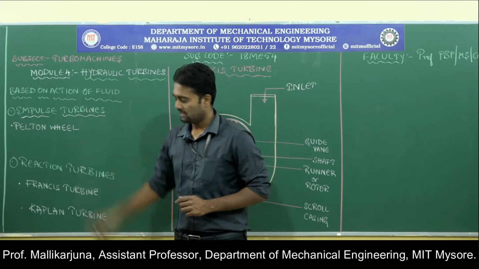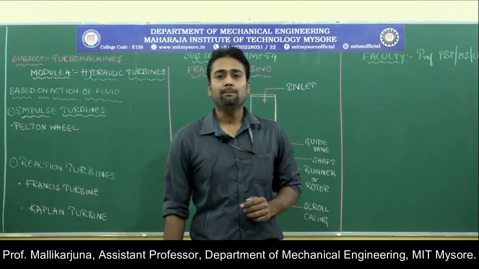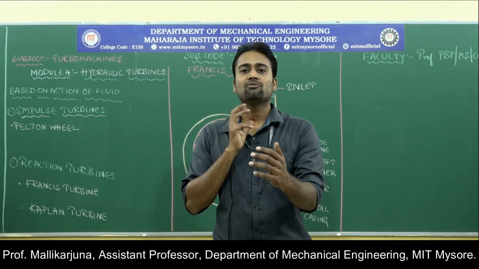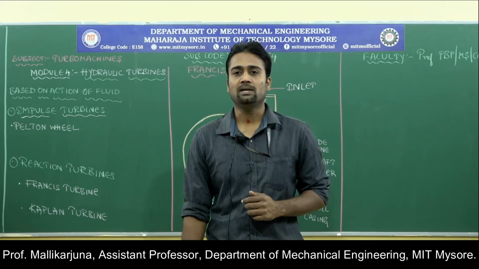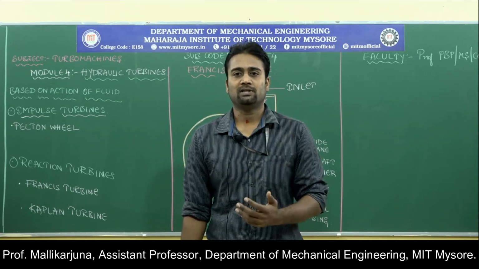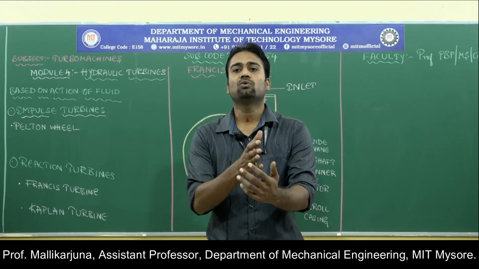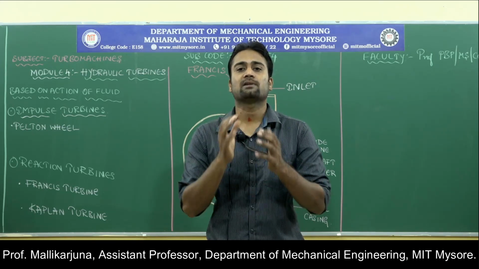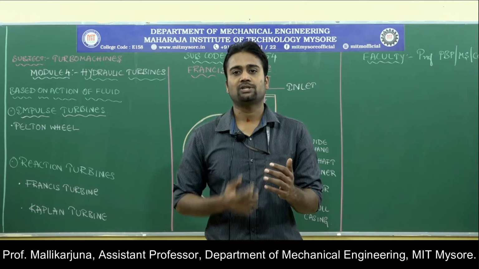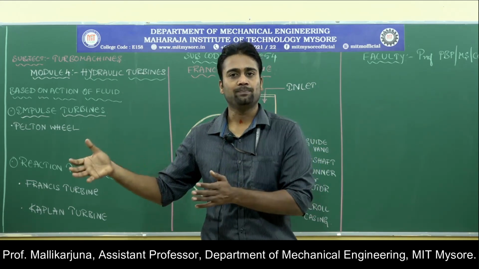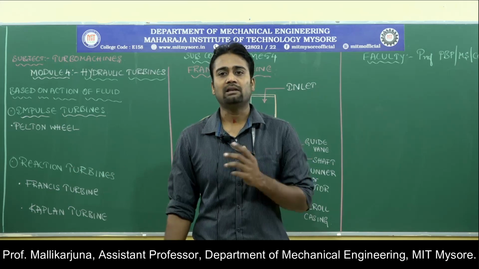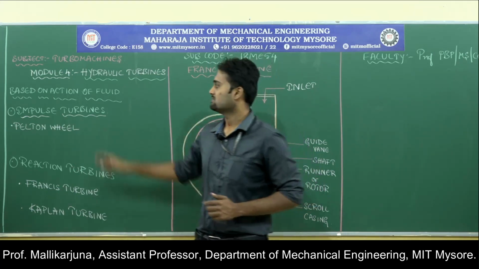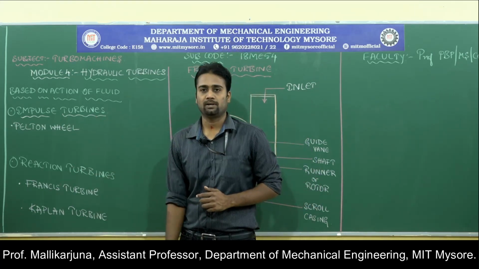The very first one is the impulse turbine. Impulse means a sudden force acting on the blades of the turbine. If the impulse action of the fluid is responsible for the rotation of the blades as well as for the generation of the power, then we call such a machine an impulse turbine.